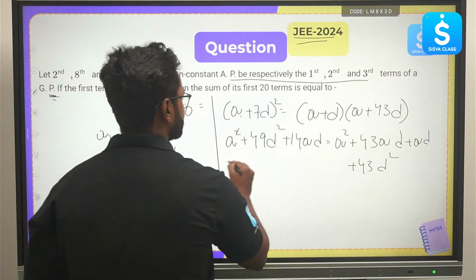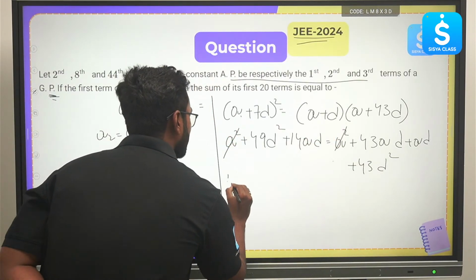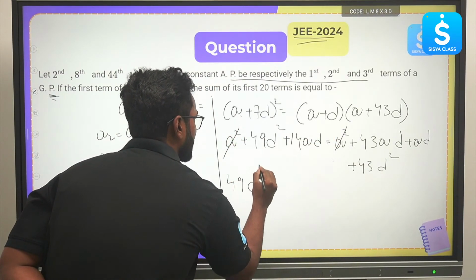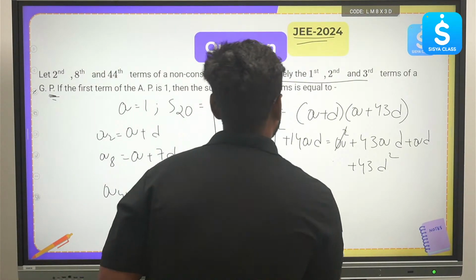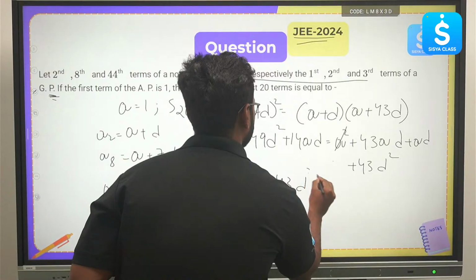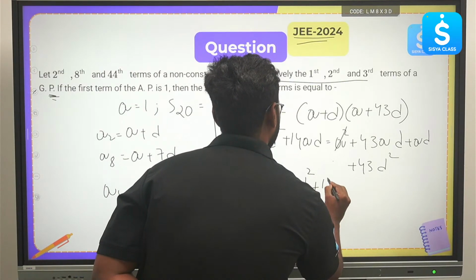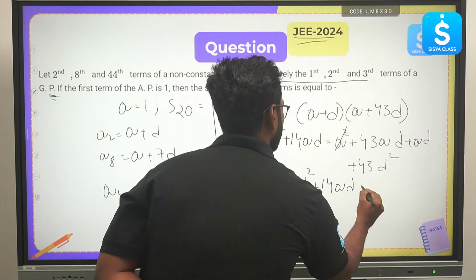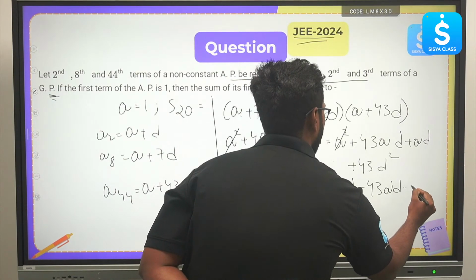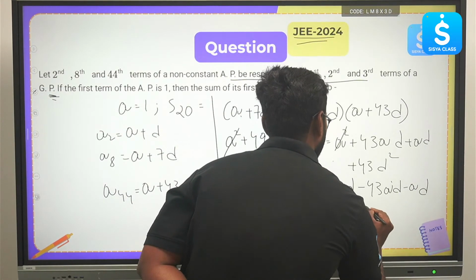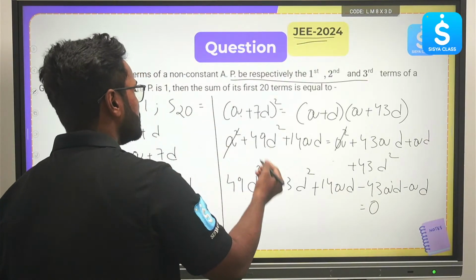We would be cancelling this A square. This should be 49D square minus 43D square plus 14AD minus 43AD minus AD, right, is equal to 0.